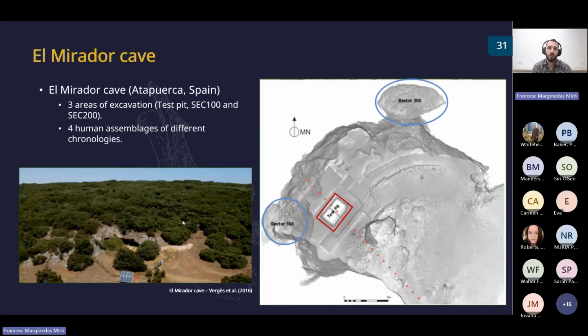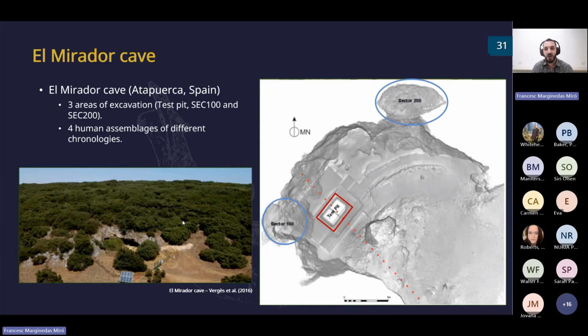And now we go back to Atapuerca to talk about El Mirador Cave, which is a cave with 3 excavation areas. The first one is the test pit, marked by the red square, which was excavated from the 90s until 2009. It's 21 meters deep, with 6 of those meters belonging to the Holocene, and it has a total of 24 archaeological levels.